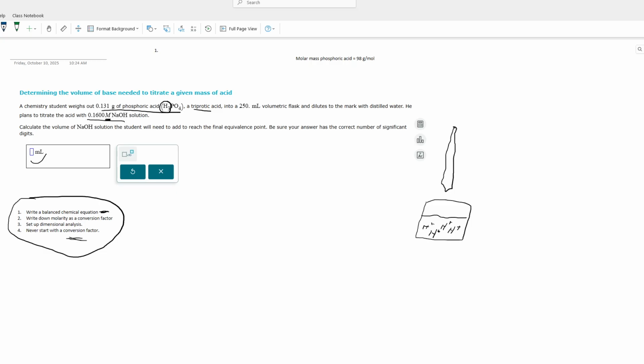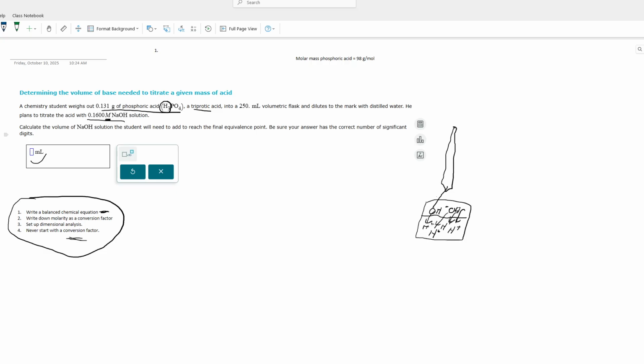So I drip in 1 hydroxide, and that's going to react with 1 of the protons that came from the phosphoric acid. I do that over and over and over again until all of the hydrogens from this triprotic acid are consumed by the hydroxide. I want to know the volume that gets me to that final equivalence point. That's the chemistry that's going on here.